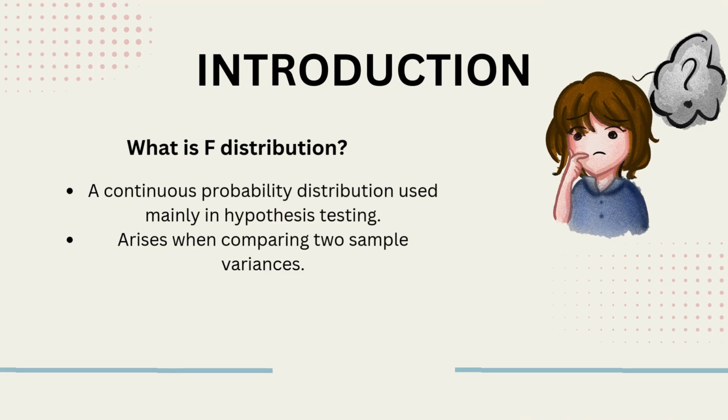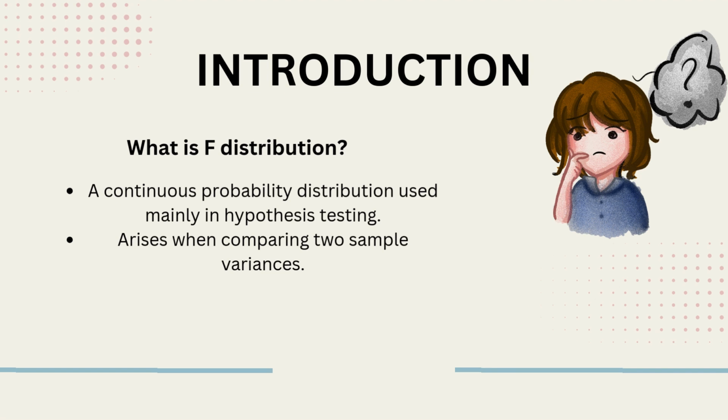Let's start with the introduction. What is the F distribution? The F distribution is a continuous probability distribution, which plays a crucial role in hypothesis testing, particularly when we are comparing two sample variances. It's frequently used in statistical models such as ANOVA, which means analysis of variance, and regression analysis.